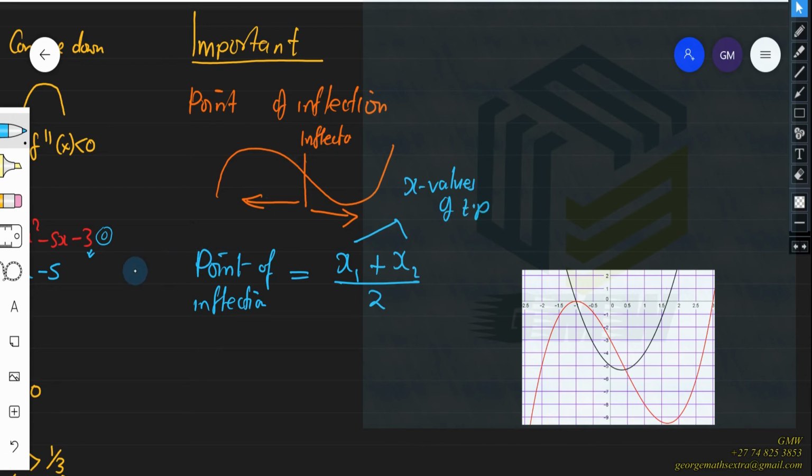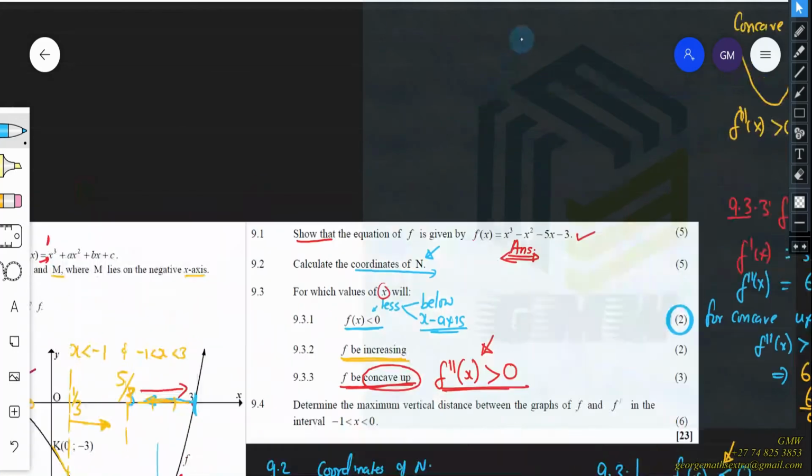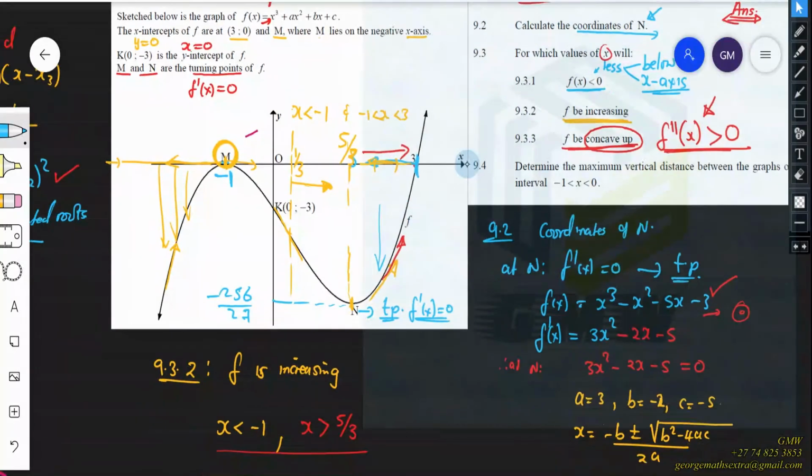So from our graph, we found out that the x values of the turning points, here it is 5 over 3. The x value was 5 over 3 here, and the x value here is minus 1.